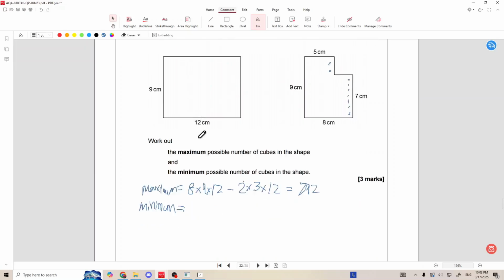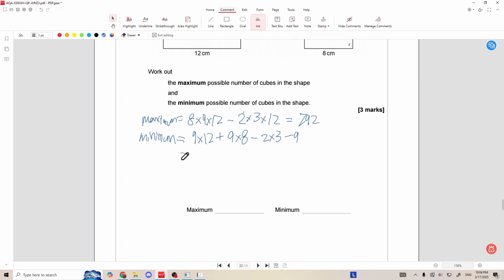So for the minimum, I do 9 times 12, which represents the front, plus 9 times 8, minus this jutting out part, minus 2 times 3, and minus 9, because these cubes at the side here were already counted, so I don't need to count them again.